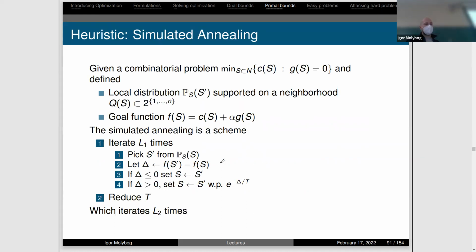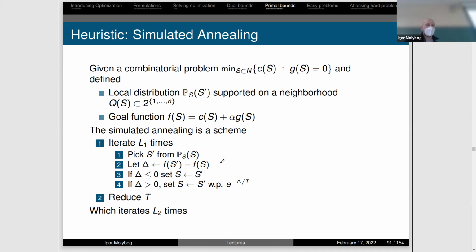Okay, so the next development towards finding the global optimum, or another way to escape local minima, is simulated annealing.